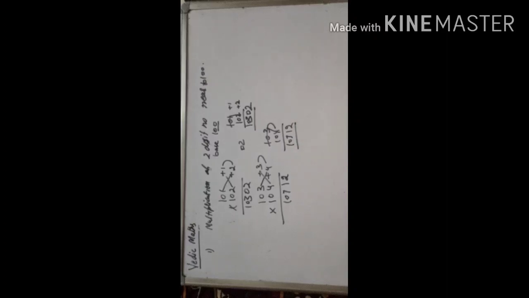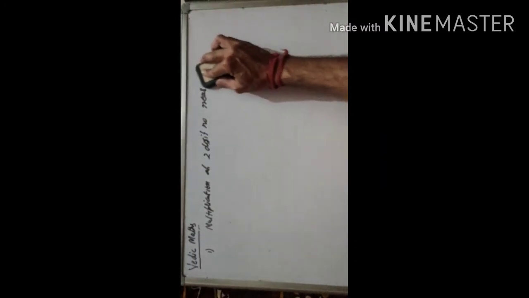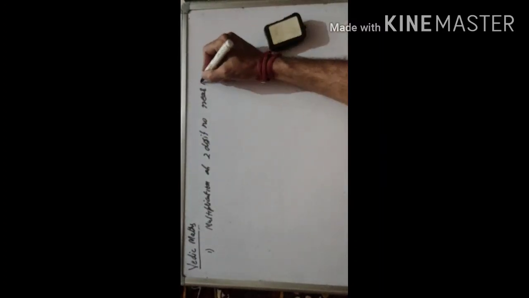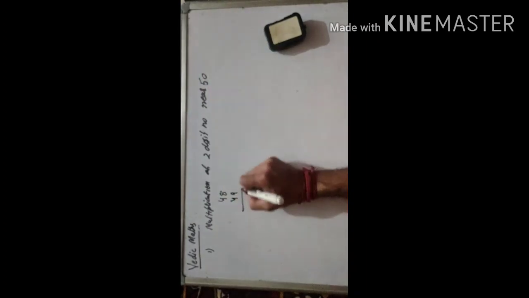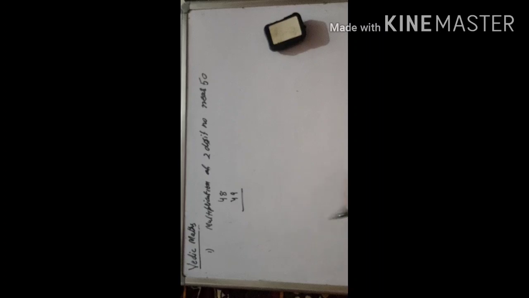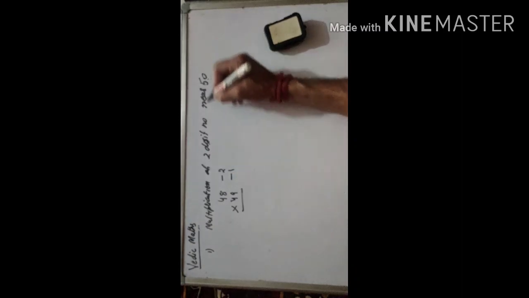Now base 40 and base 50. Come back to near 50. That means 48 into 49. This is how much less? 2. This is how much less? 1. Base is 50.